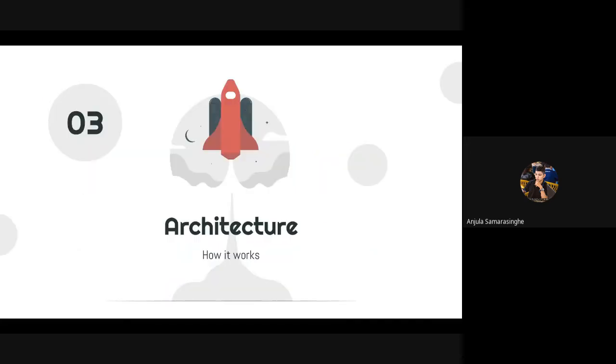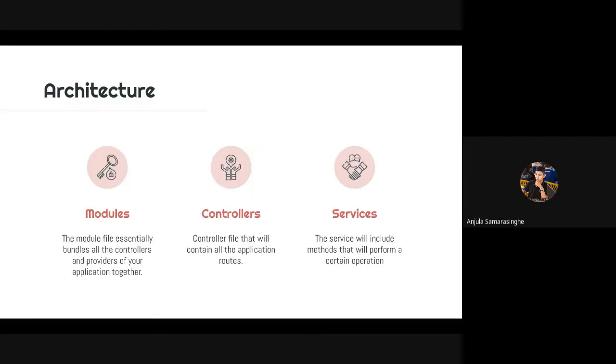And let's see how the architecture of NestJS is built. There are three main parts of a NestJS code base, which are modules, controllers, and services. We can start with the controllers. The controller is the file that will contain all our API routes.